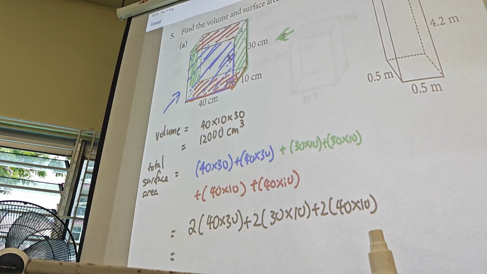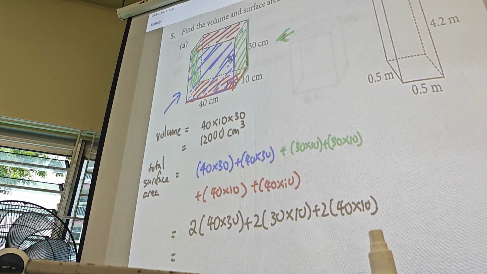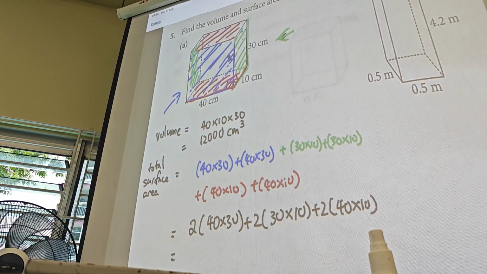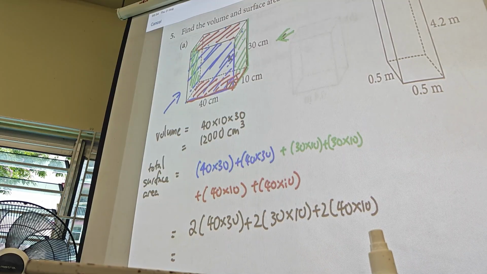You practice enough, then you will find which one you're more comfortable with, which one makes you clearer for yourself, then you go and do that way. Then you may want to key in everything inside your calculator, one whole line, or for me, I'm very slow.